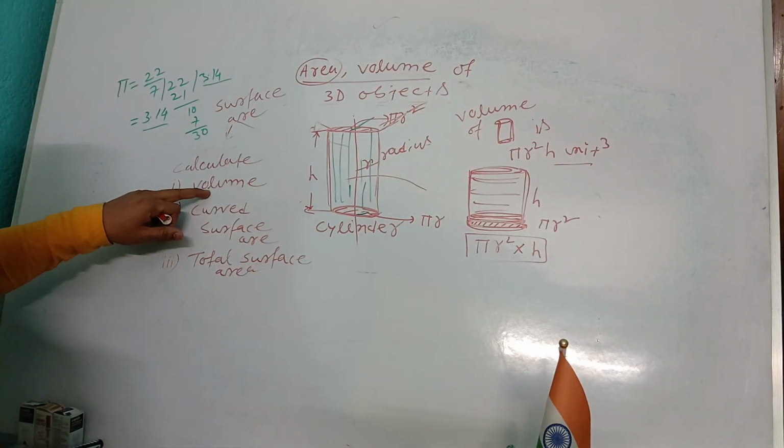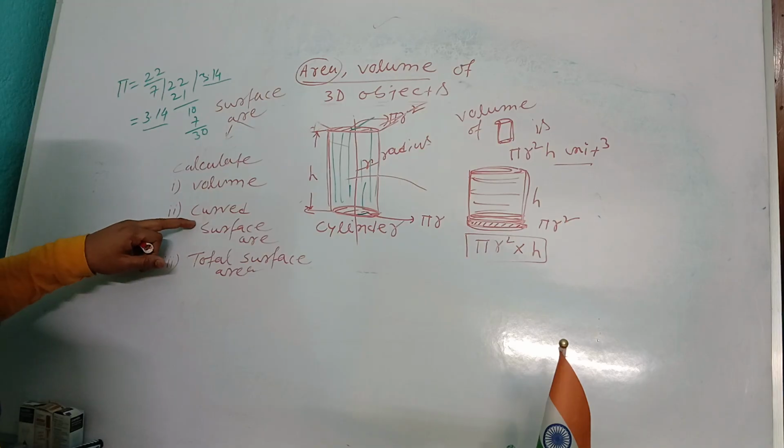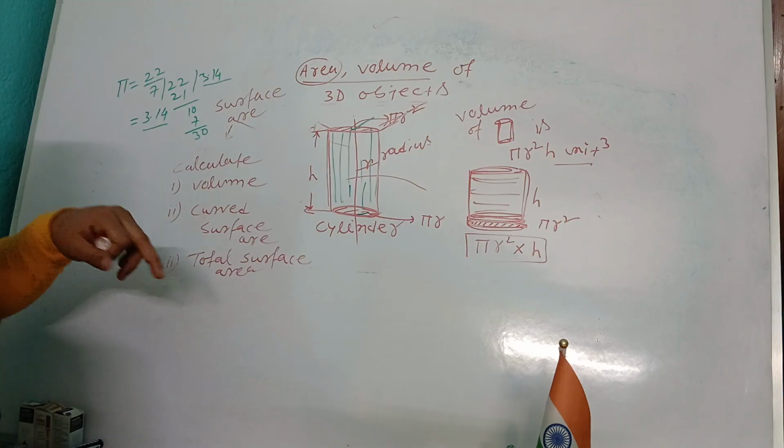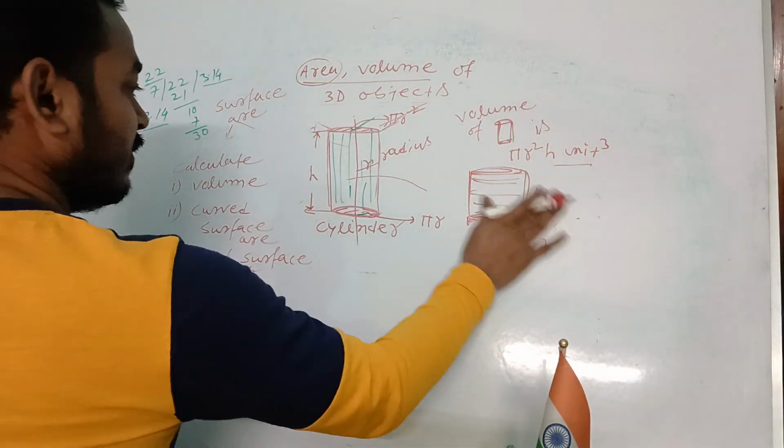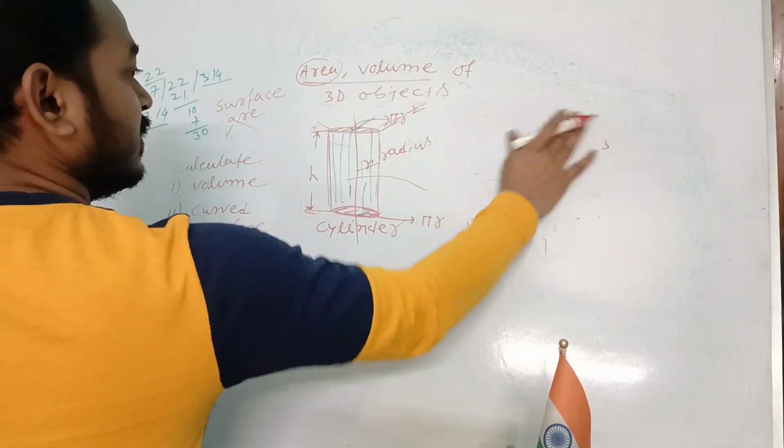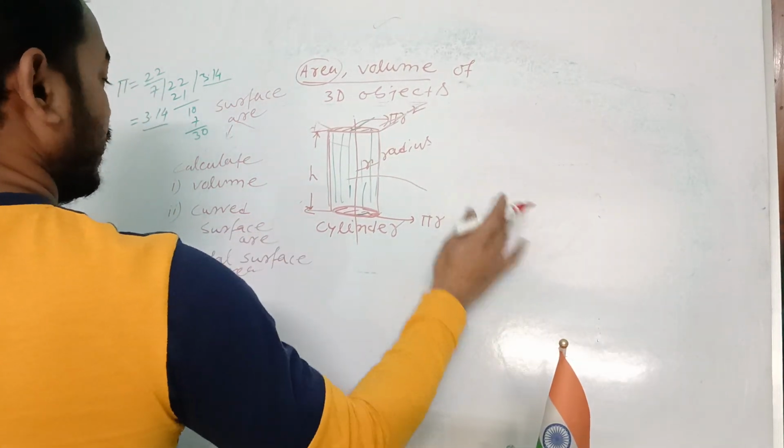First we have to find the volume, second the curved surface area, and then the total surface area. So sir, without any data, how to find it? So data is there.